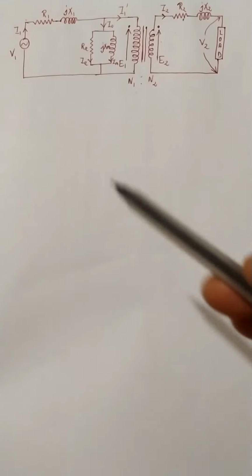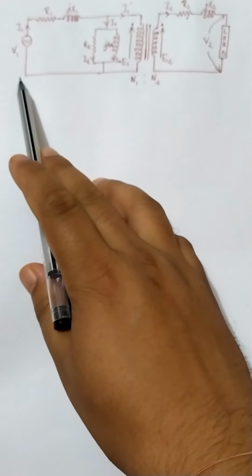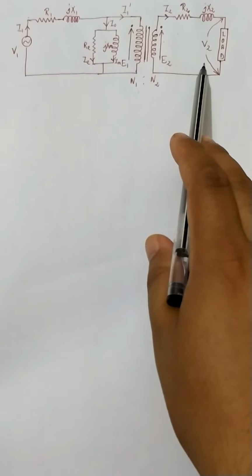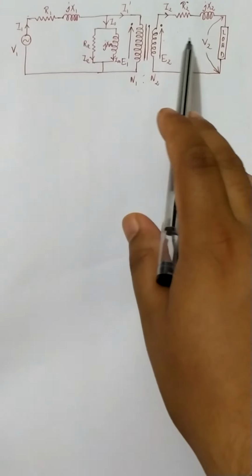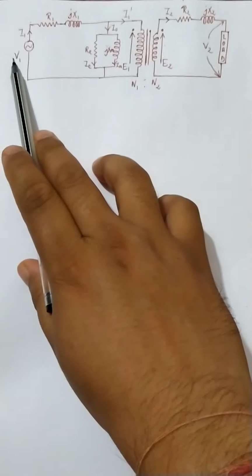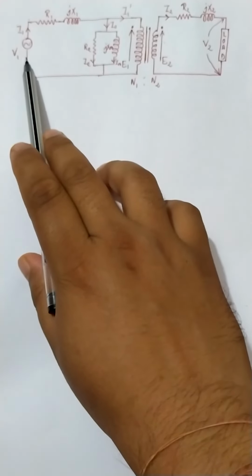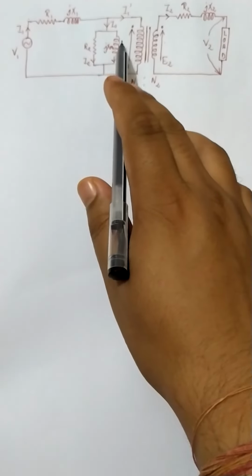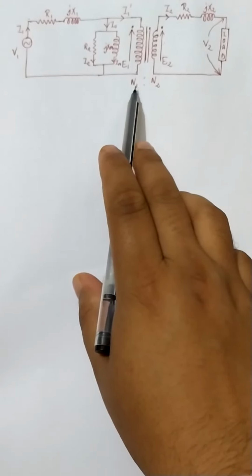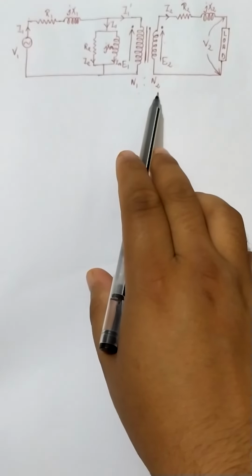We are applying some voltage V1 here, and V2 is the voltage across the load, and the load is drawing I2 amount of current, and I1 amount of current is supplied by this source. This is the ideal transformer, having the turns ratio of N1 to N2.